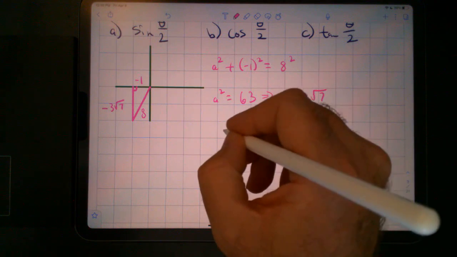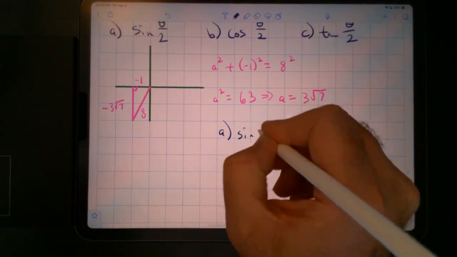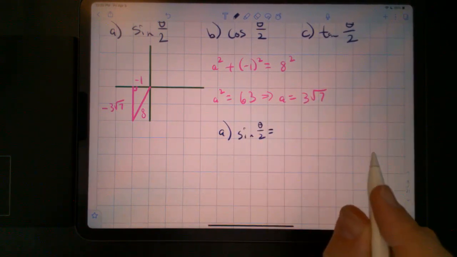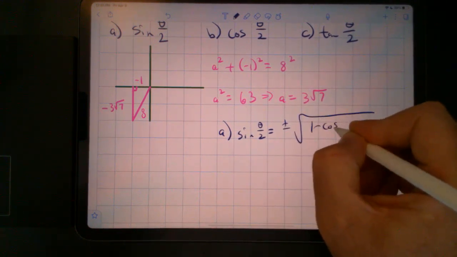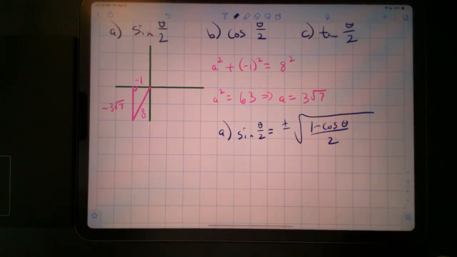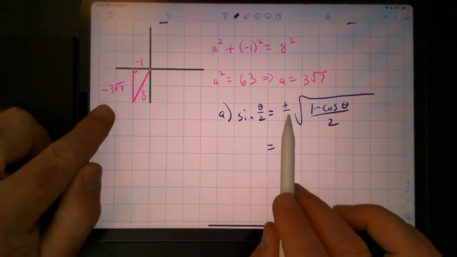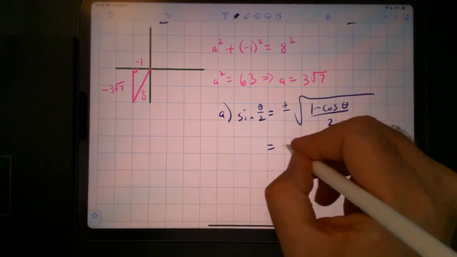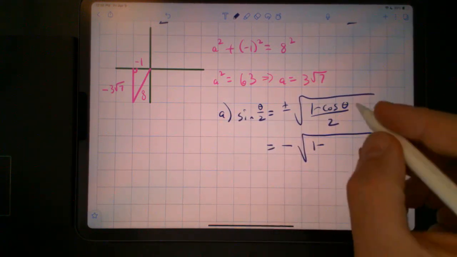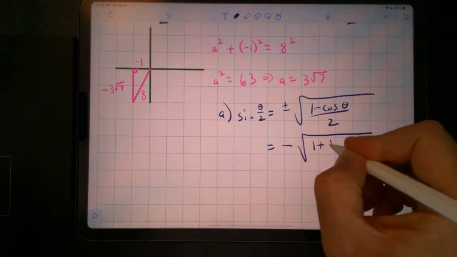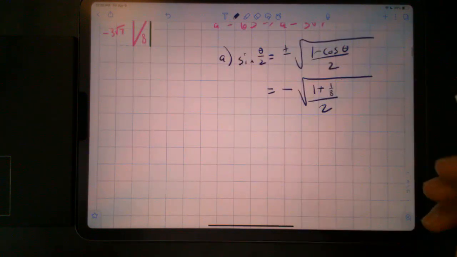Okay, so for the half angle, this is going to end up being negative because sine is negative in quadrant 3. So we have negative square root of 1 minus cosine is negative 1 over 8 divided by 2.